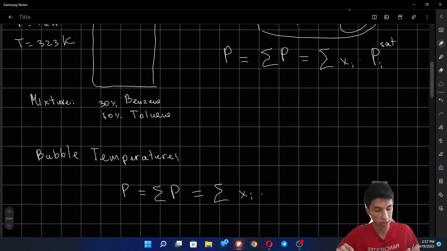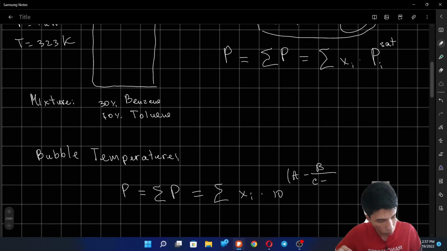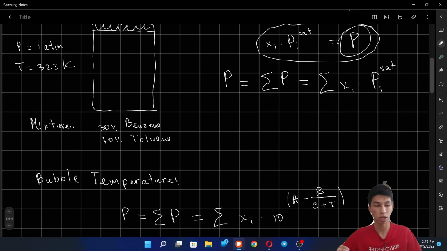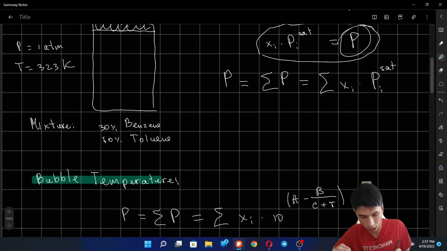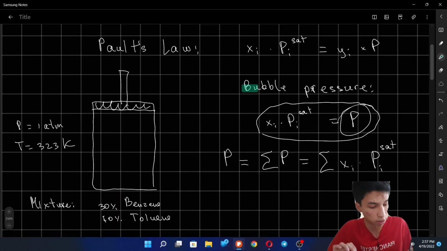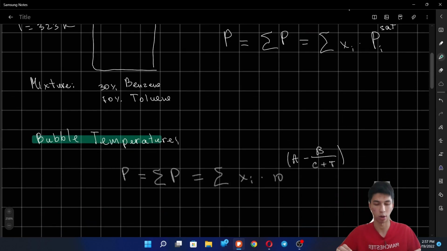So it's going to be 10 to the power of A minus B over C plus T. And this is going to be our bubble temperature equation. Let's highlight it so that it's easier for us to find it when we will be working with the code.